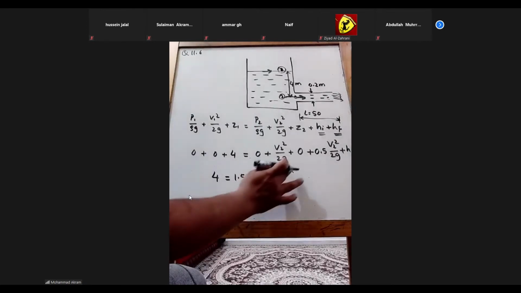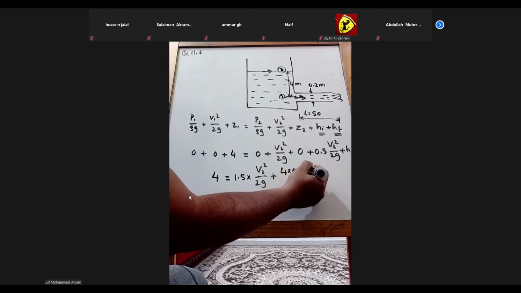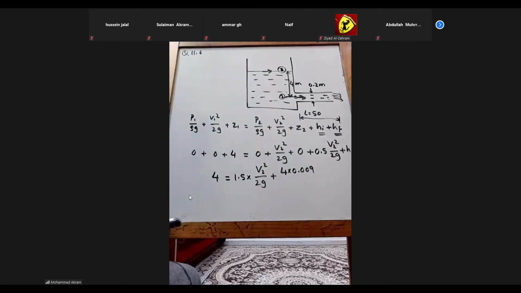What is the value of F? 0.009, it is given. Do we need to check whether it is laminar or turbulent? We don't need to check because F is already given. That formula is for the turbulent, right? Yes.